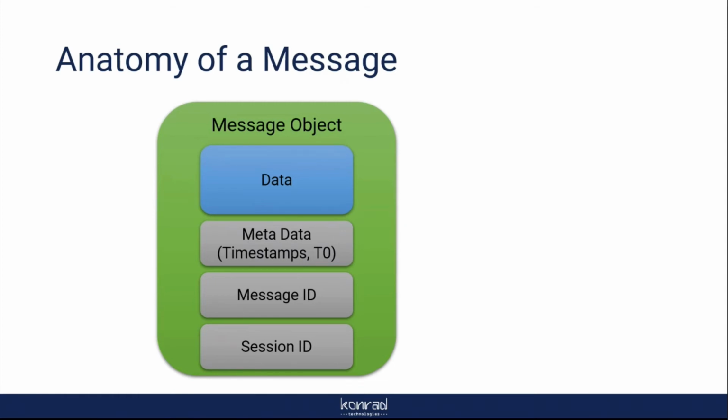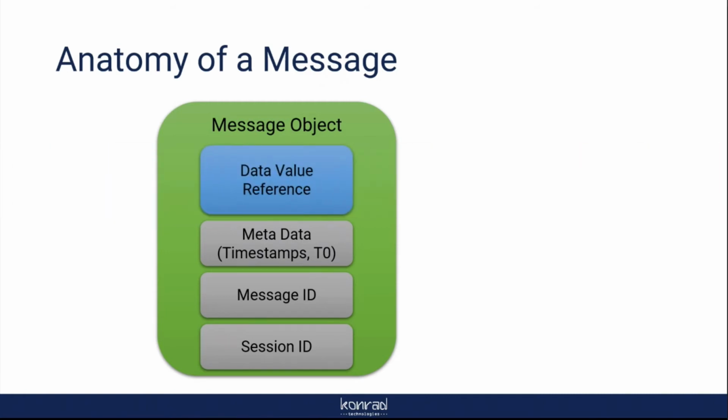They also contain a message ID to uniquely identify the message itself, and a session ID, so that we know which source produced the data, as we may have multiple sources running, and we may also stop and start sources individually. So we want to know which logging session those messages were produced by.